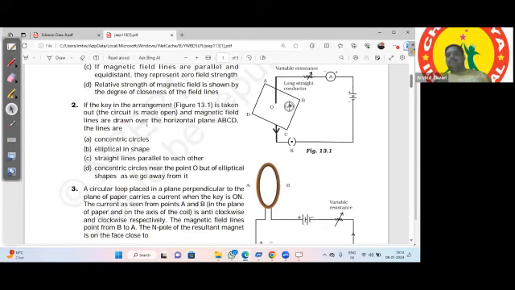Okay, this one. See, first of all, the question says if the key in the arrangement is taken out. So here, as you can see, the diagram has a key. If this key is taken out of it, that means the circuit is made open and magnetic field lines are drawn over the horizontal plane ABCD. So you have this plane surface ABCD through which the wire is passing downward. What will be the shape of the magnetic field lines?